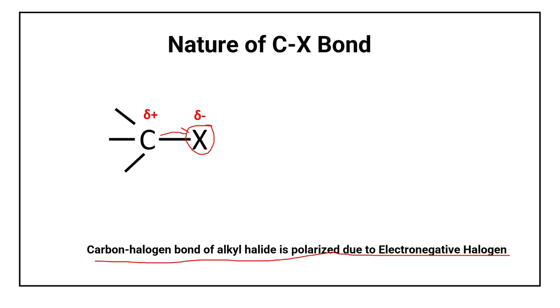So this makes the bond polarized. As the electron density moves towards the halogen, it gains a partial negative charge, whereas the carbon, which loses electron density, gains a partial positive charge. This makes the carbon-halogen bond polarized.